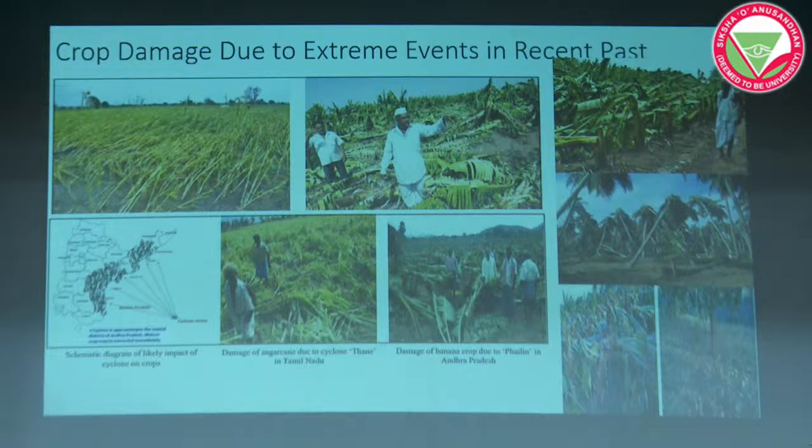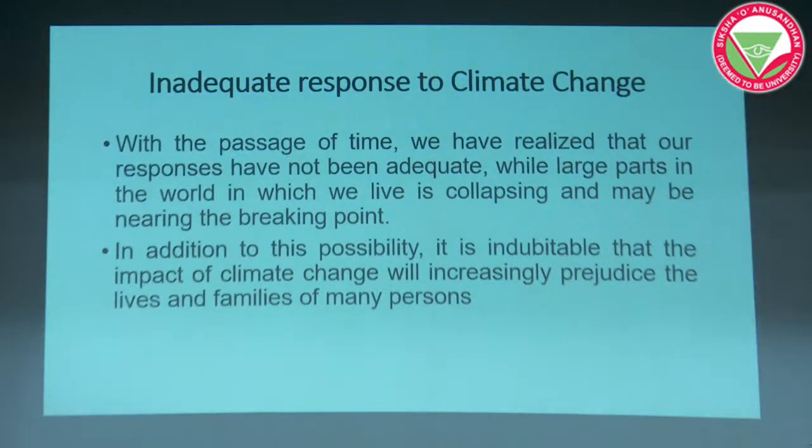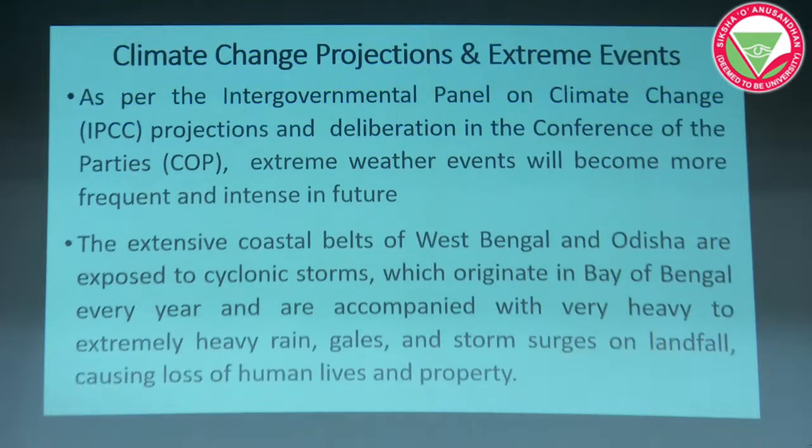Though there is some advancement, still today a number of crops, maybe horticulture, maybe cereal, are affected. Though there has been a lot of discussion and a lot of meetings, there is still an inadequate response to climate change. So this is the right time that we have to sit together and see how to mitigate and how to make an adaptation plan.